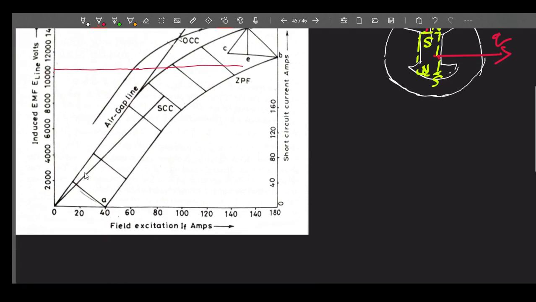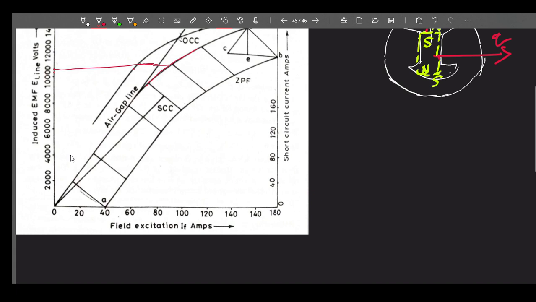Just a minute. This is our air gap line.